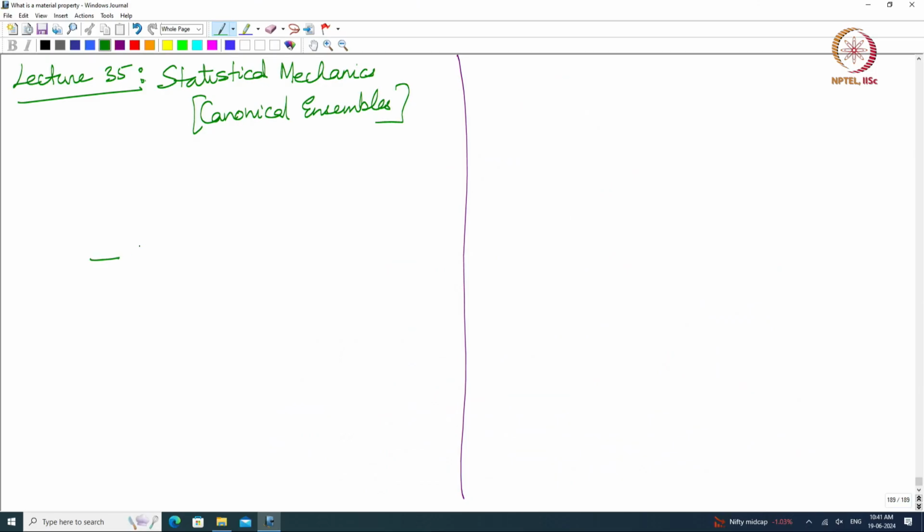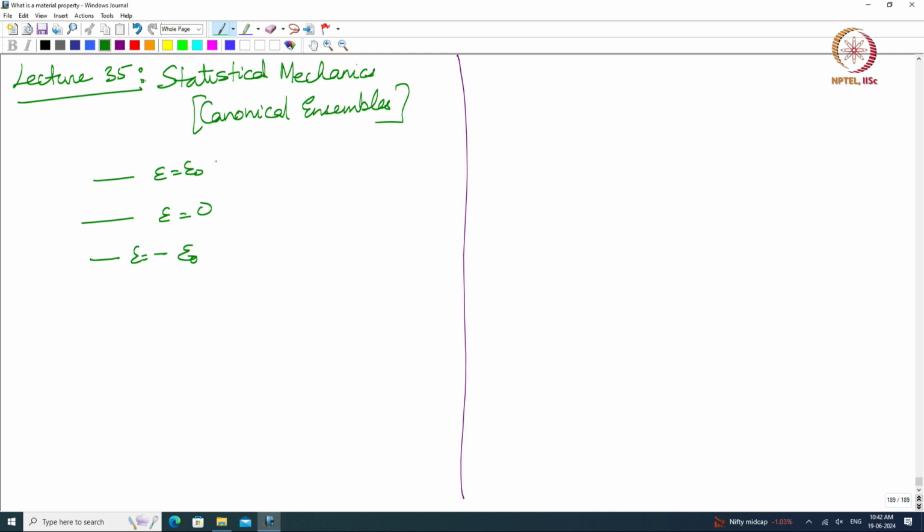Now, if we have a 3 level system, for example, where I have epsilon equal to minus epsilon naught, epsilon equal to 0, and epsilon equal to epsilon naught.